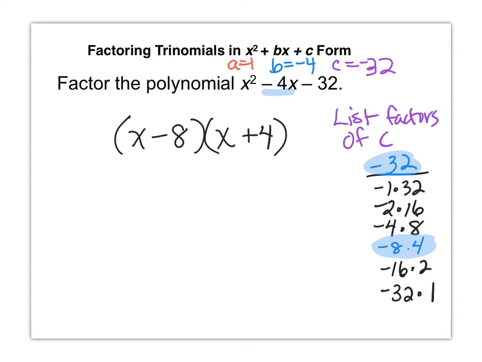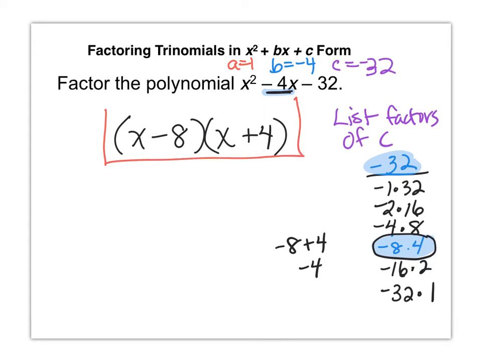We're finding the pair of factors that will multiply to give you negative 32, and when you add them together, negative 8 plus a positive 4 will give you a negative 4. And we want the pair of factors that will add up to the middle term. This is how we would write our polynomial in factored form.